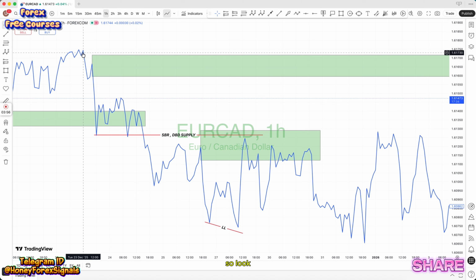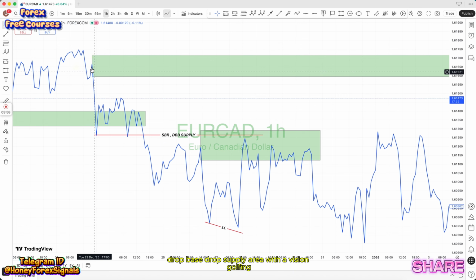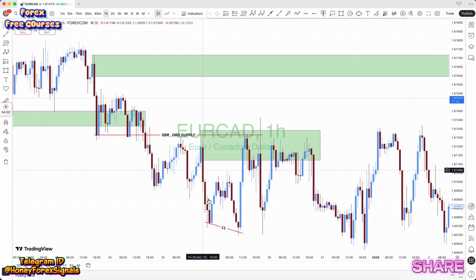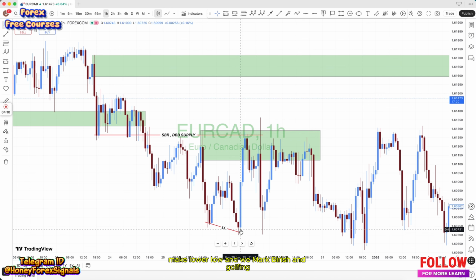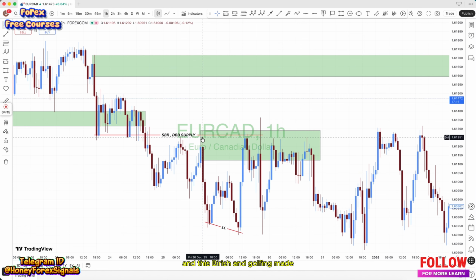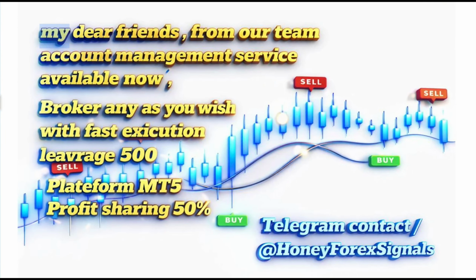So look, drop base drop supply area with a bearish engulfing. We mark this. Again the setup repeats. The market again makes a lower low and we mark bearish engulfing. And this bearish engulfing made here support and resistance, look.